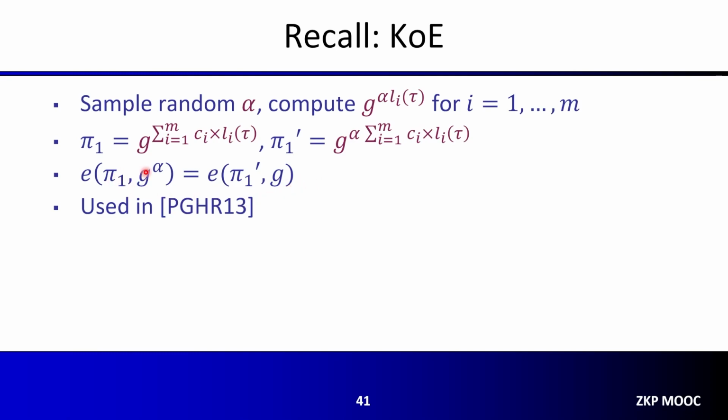And if the prover can pass this verification, then by the knowledge of exponent assumption, the prover has to compute pi1 as g to the power of Li tau times some coefficients chosen by the prover. So that is the knowledge of exponent assumption. And if you apply this to all of the proofs in the vanilla version I described before, we can actually solve this first issue. And this is used in this PGHR13 paper in the Pinocchio construction.